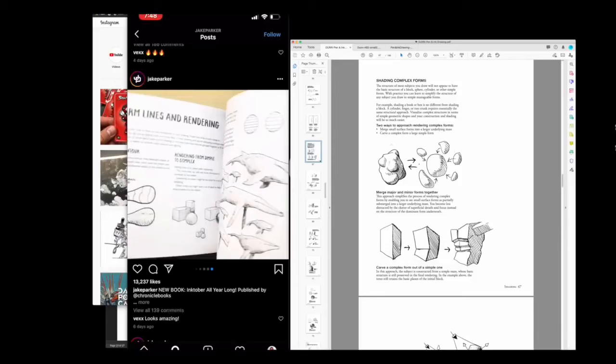But yes, Alphonso's page deals with shading complex forms, but Parker's is something lines and rendering, and then talks about rendering from small to complex. And if you ever look at the images, you have a collection of geometric shapes. They don't get Boolean together like in the example on Dunn's page.